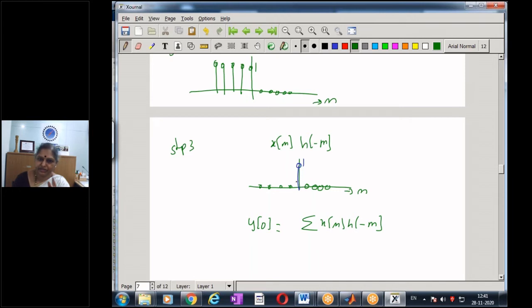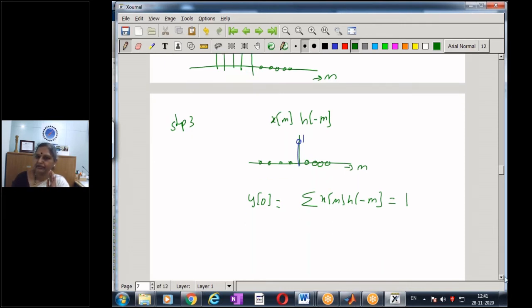Here I have only one non-zero value, and that is 1. So the sum of the product is going to be 1. Hence I've computed one value of the output of the convolution sum, y of 0 equal to 1. Let me take the next step.